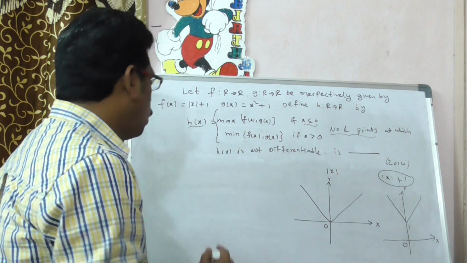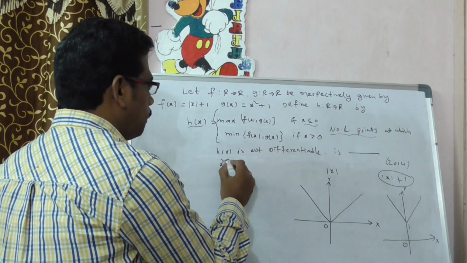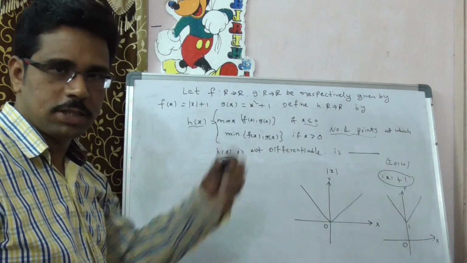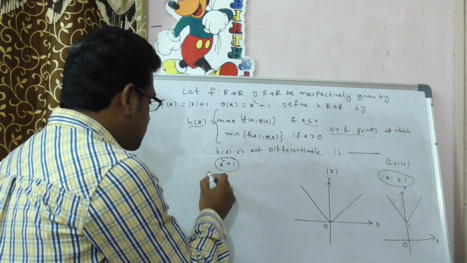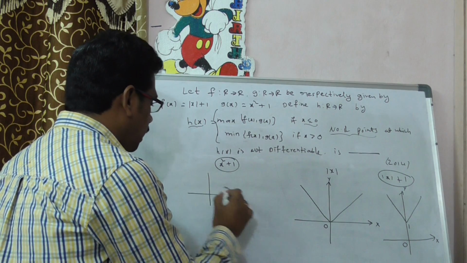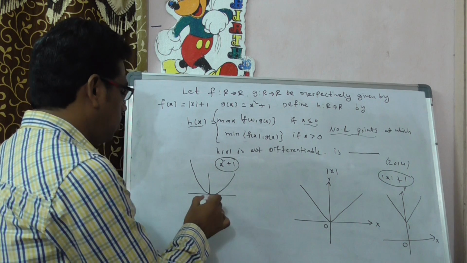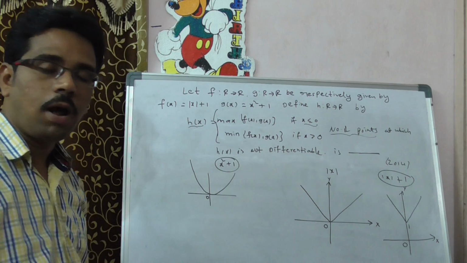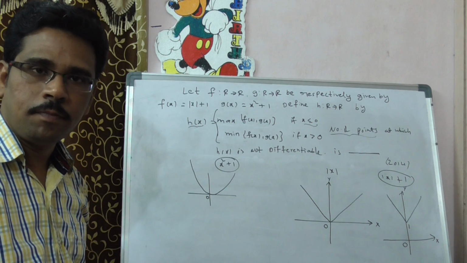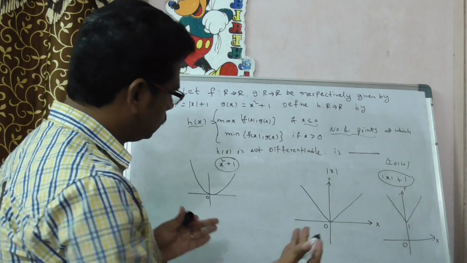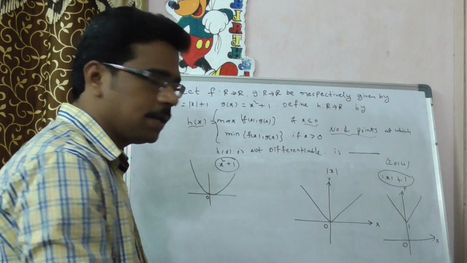Understood? Now, draw the x square plus 1 graph. Why? Because g of x is x square plus 1. What is the basic graph of x square? The graph of x square is a parabola, plotted at the origin 0. Now x square plus 1, the very same procedure.